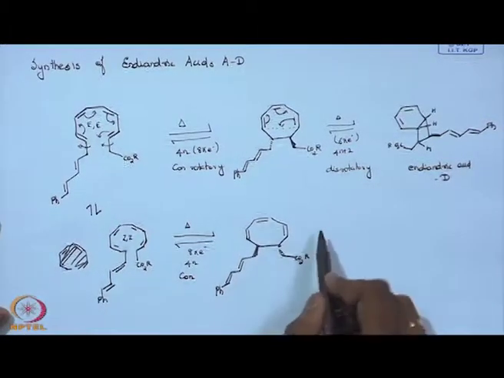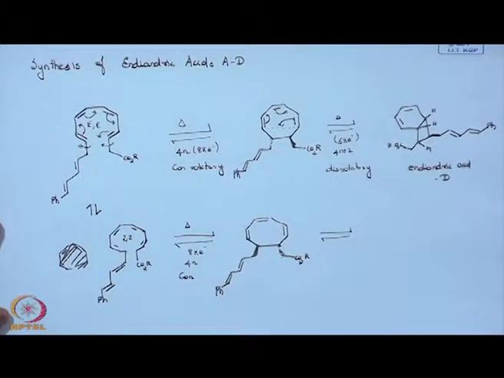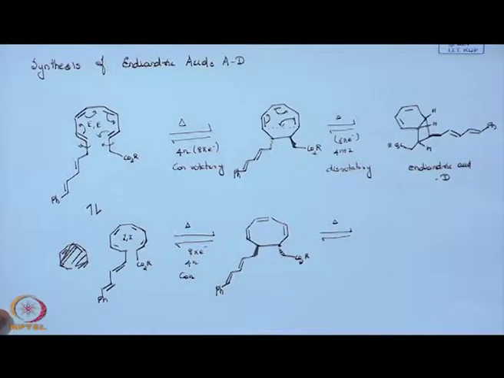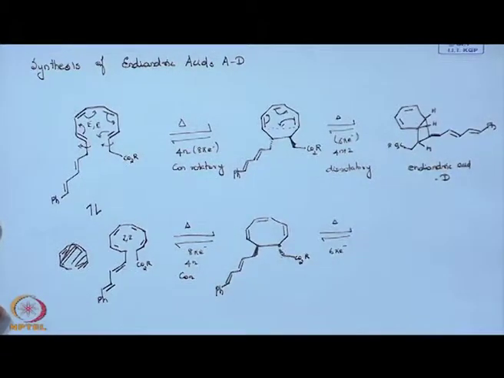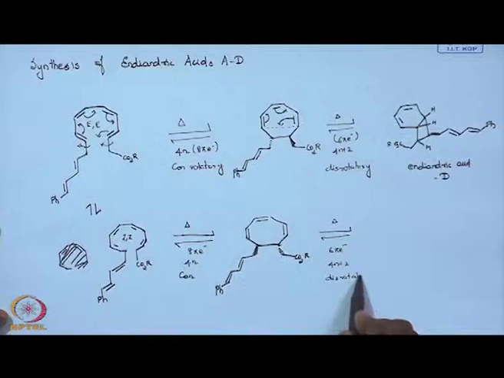Now, again I say that I am going to take this part, heat it. Okay. So, what happens? Again it is a 6 pi electron system. So, again I can use the same rule 4n plus 2 and this rotatory, which is similar for the previous case. Okay. Clear?